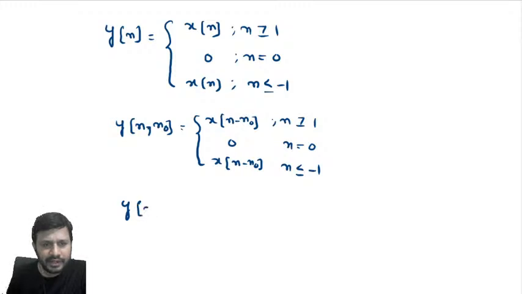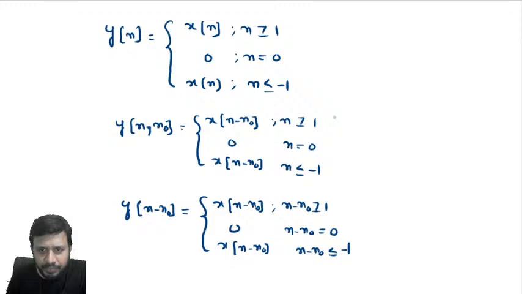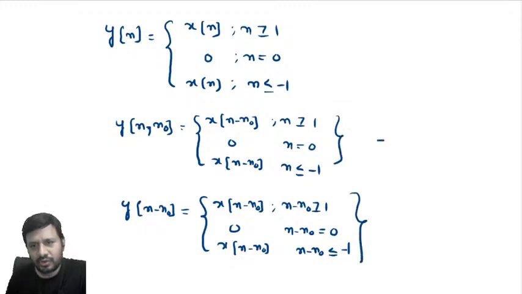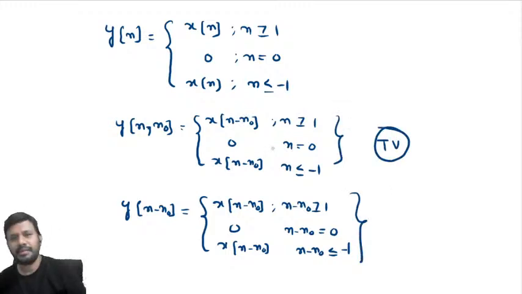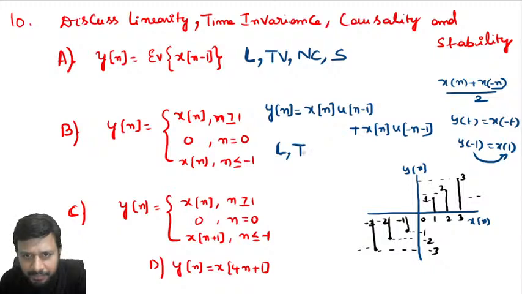Output delay: while delaying your output, wherever you have n, replace it with n minus n naught. Now this is input delay, this is output delay. They are not equal, so time variant. Or you can apply it in the expression what I have written. Time variant.